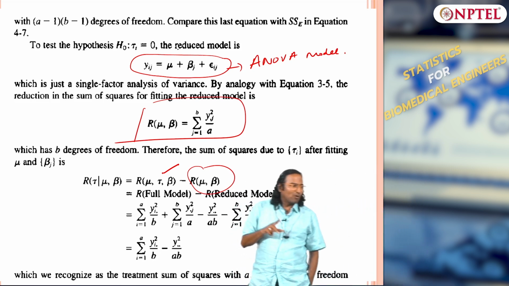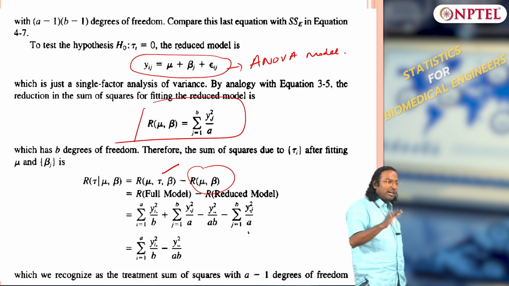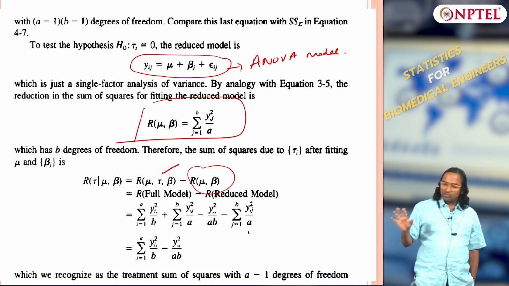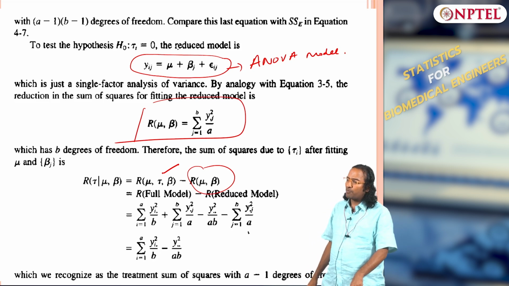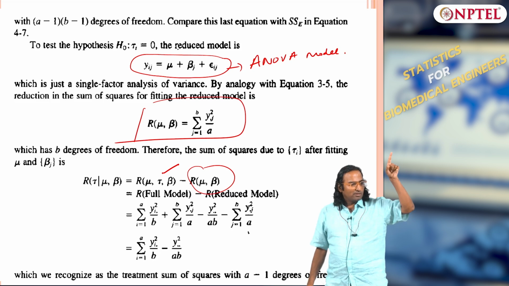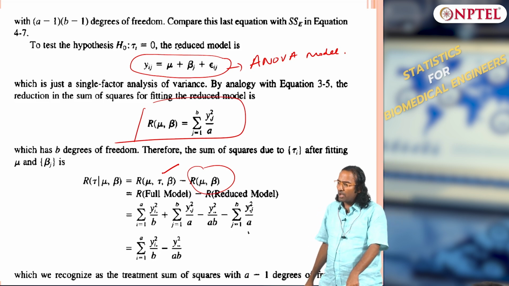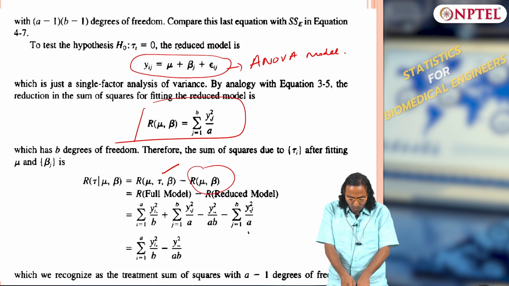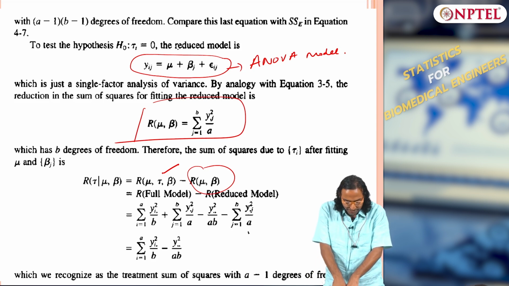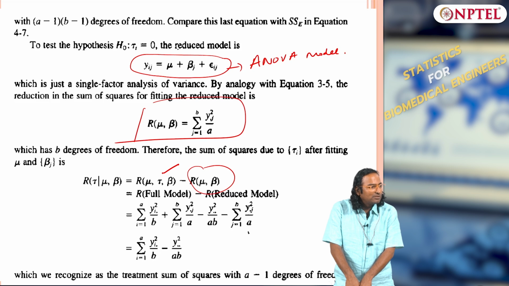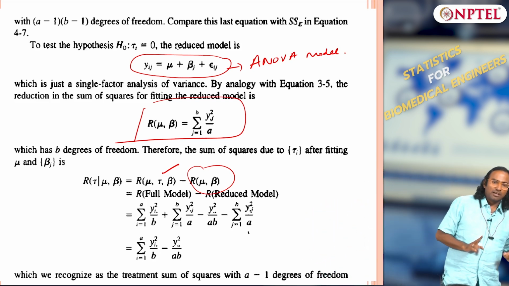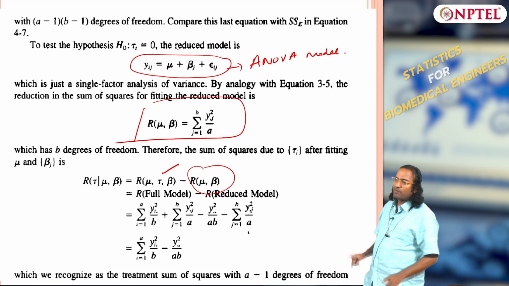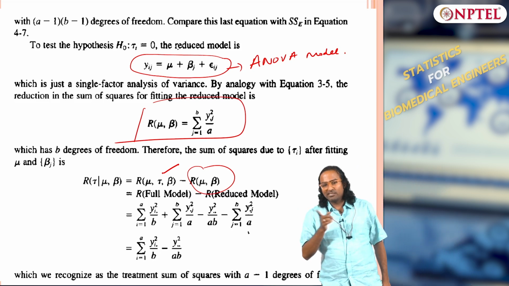This is the ANOVA model with blocks, treatment is 0. So for this model I can use the ANOVA approach and get R(mu, beta). You remember R(mu, tau) in your ANOVA, now I get R(mu, beta). Now the overall model minus R(mu, beta) should give me the effect of tau. Remember, I cannot use the ANOVA model for treatment alone, as then I have not considered blocks at all.